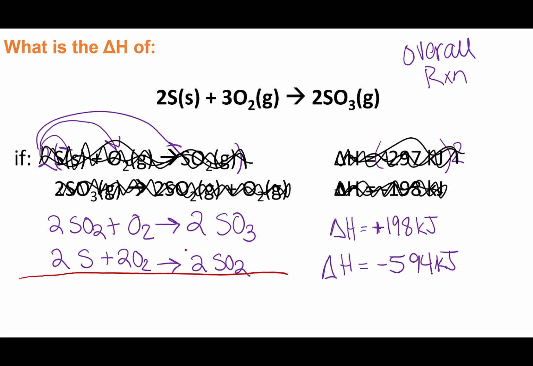So my intermediate here is the sulfur dioxide. Sulfur dioxide is on opposite sides of the reaction arrow. Here it's a product, here it's a reactant. So that's going to be an intermediate. I also don't see it in my overall reaction, so that's another indication that it must be an intermediate.